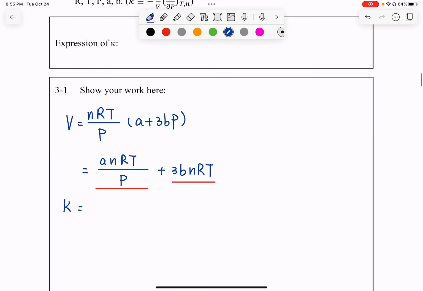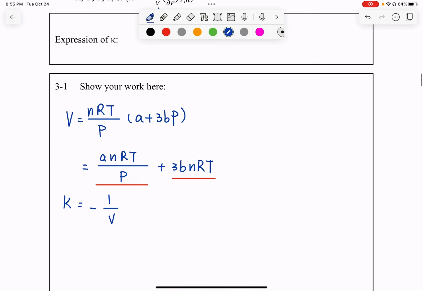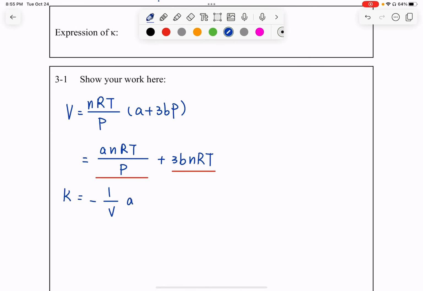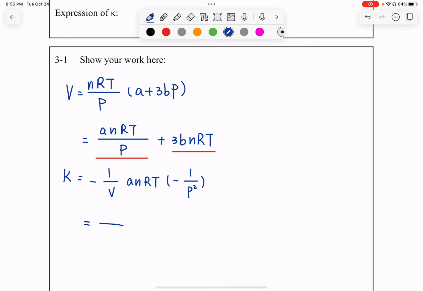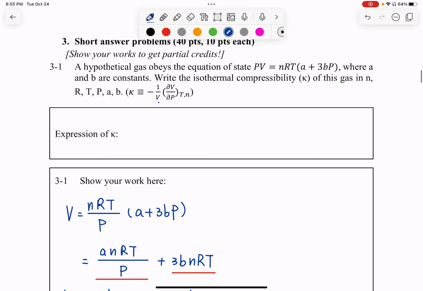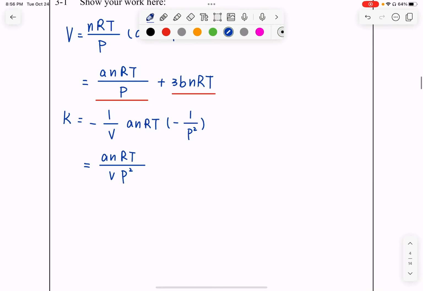So our chi becomes negative 1 over V, that's where that 1 over V is, times our constant A nRT and the derivative of 1 over P, which gives 1 over P squared. And chi equals A nRT over V P squared.